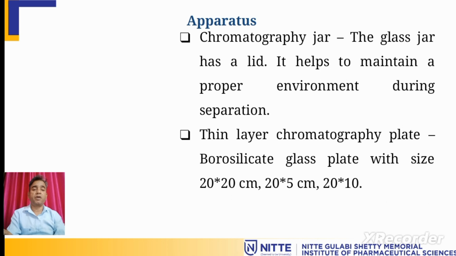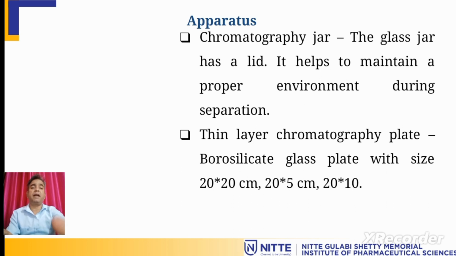Which we will see when we talk about paper chromatography and TLC in detail. 20 by 5 is needed when you have one sample to separate, and 20 by 10 for more than one sample, right? So it is all about the science, and picking the plate is again about the idea of how many samples you need to study.